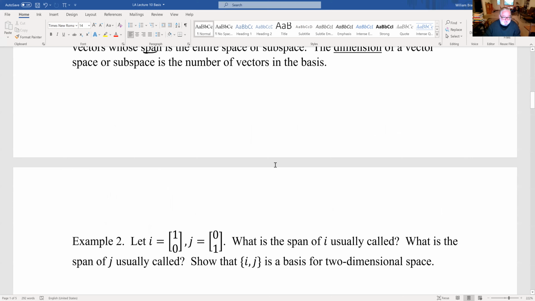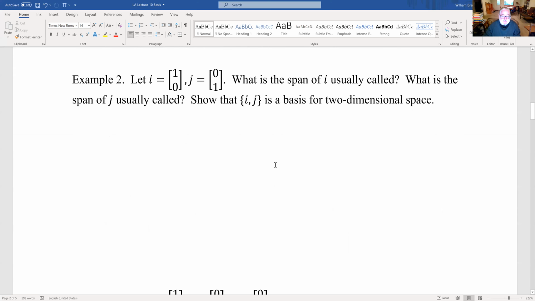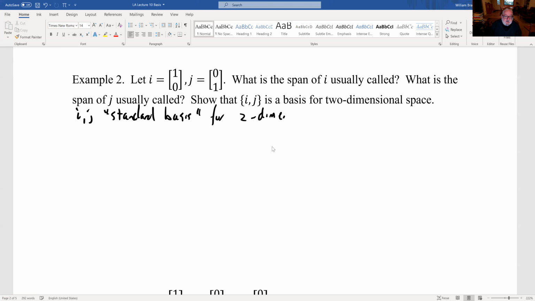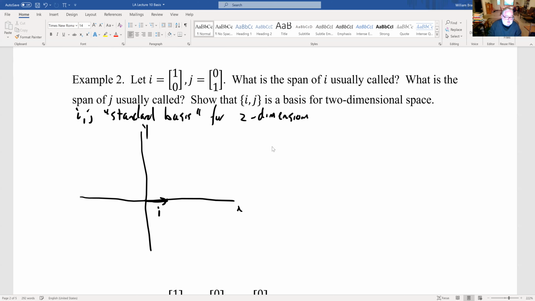Okay, so here's some standard vectors. i and j are called the standard basis for R2. If you think about them, here's my x-axis, here's my y-axis. i is this vector, and j is that vector.